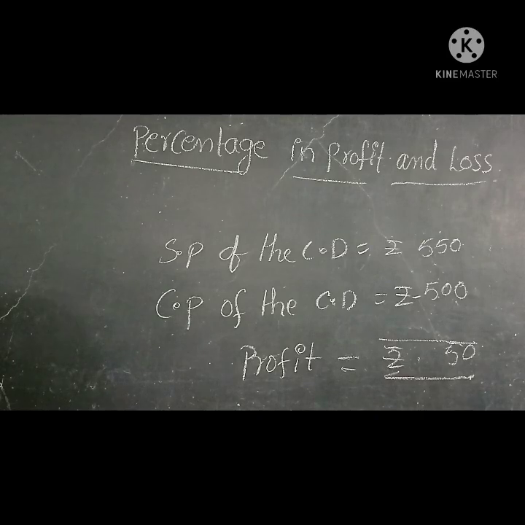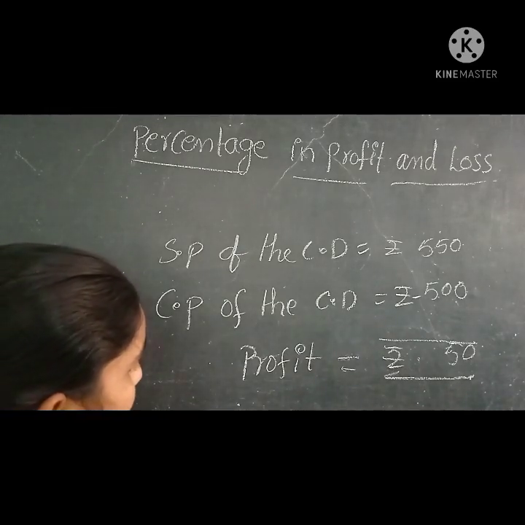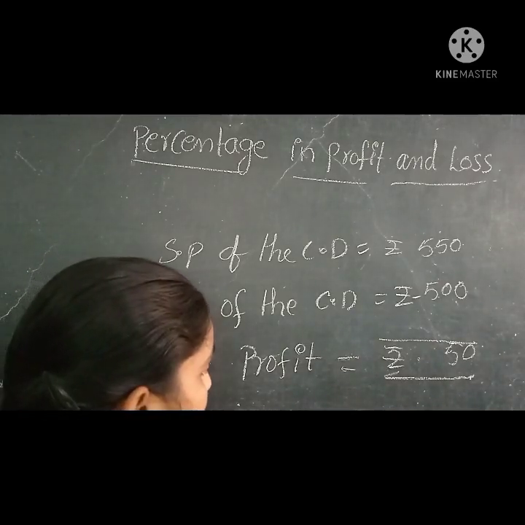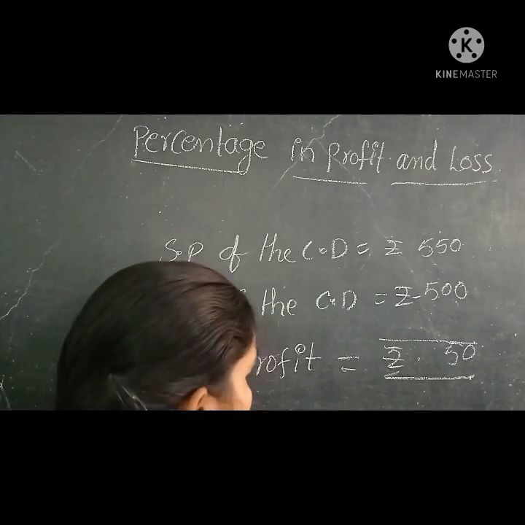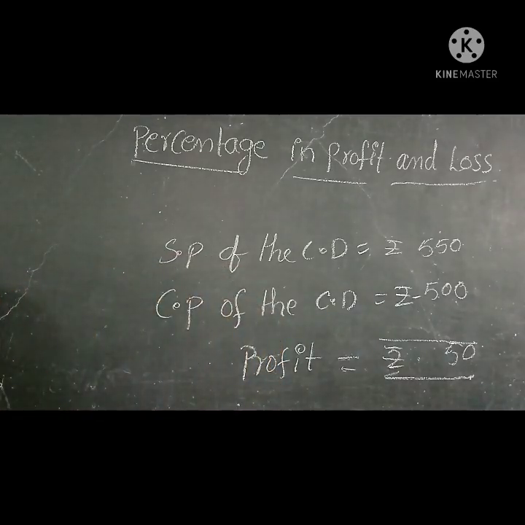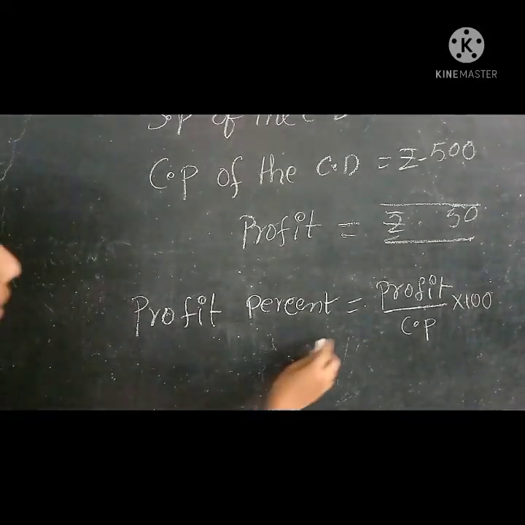So what is the formula for profit percent? Profit percent is equal to profit by cost price into 100.